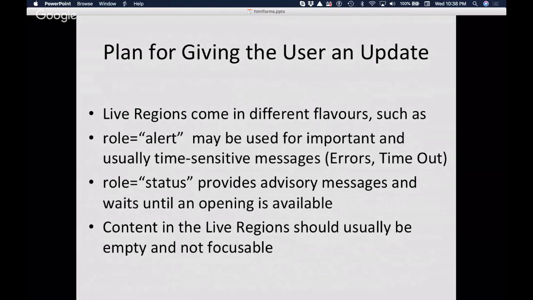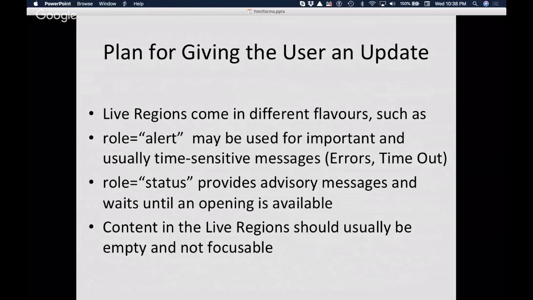Once we actually start deciding that this is an approach to take, the next thing to deal with is deciding which flavors of live regions we're going to deal with, because there are multiple different combinations. Usually what I'm recommending to the folks that I work with is that we only deal with two. One would be the alert, and that's for serious, important issues.